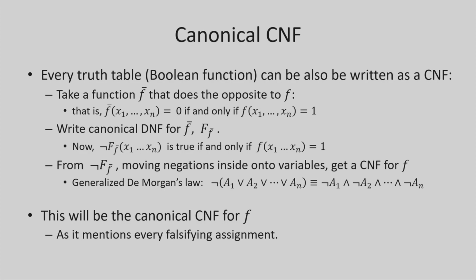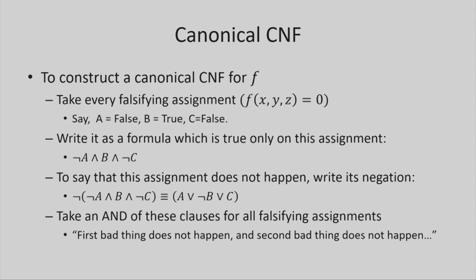And this will be a canonical CNF. The reason it's canonical is because just like a canonical DNF has a term for every assignment, every scenario in which our function outputs a 1, a canonical CNF will have a clause for every assignment on which the function outputs a 0.